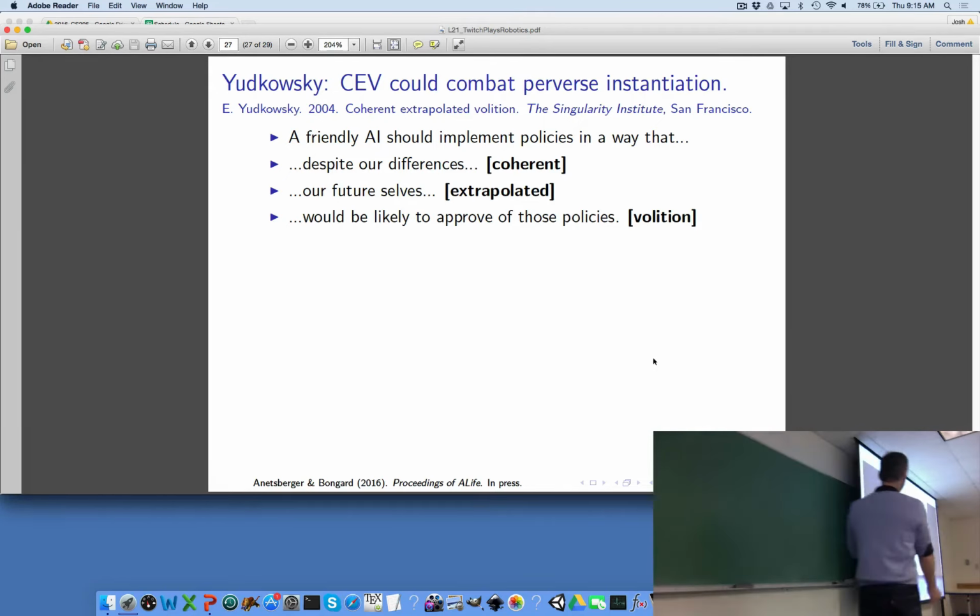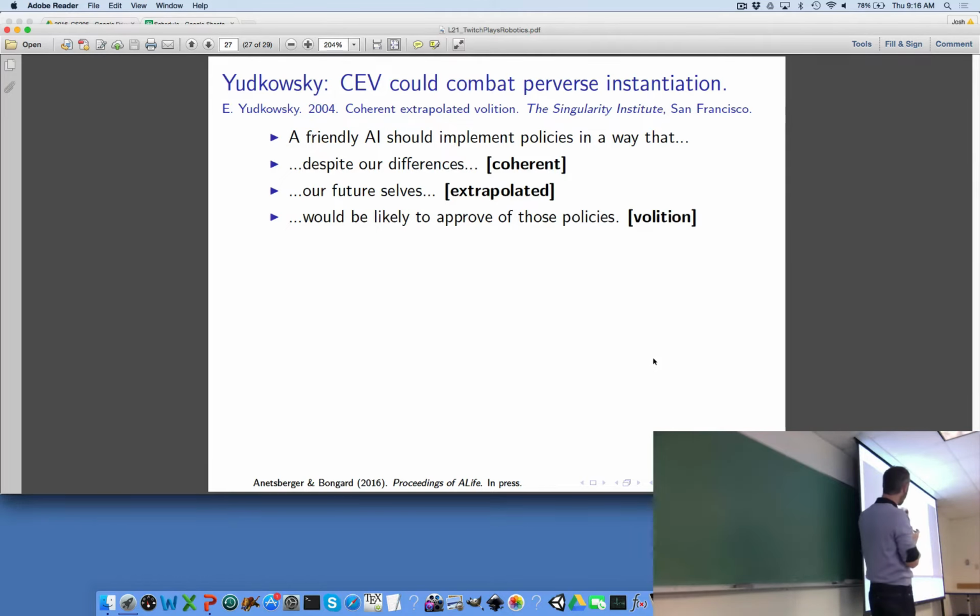People have thought a little bit about this. There's, again, some interesting philosophical discussion around this. Yudkowsky in 2004 wrote this interesting white paper with the mouthful title Coherent Extrapolated Volition. Yudkowsky is a member of the Singularity Institute, so you can take his views with a grain of salt if you like.